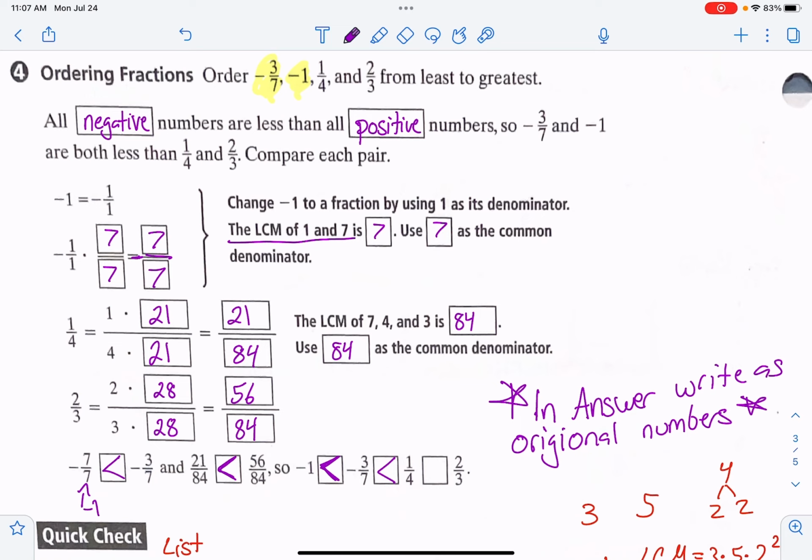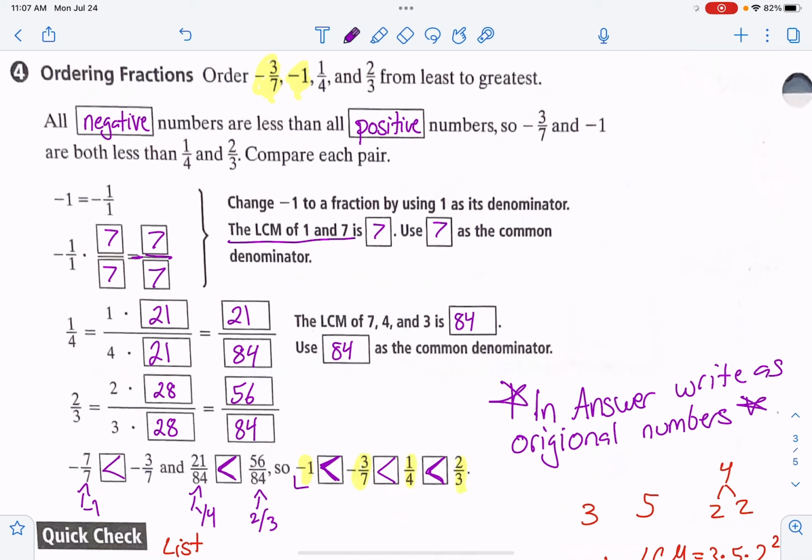And then 1/4 we said was 21/84, and 2/3 was 56/84. So when we compare 1/4 and 2/3, the 1/4 is going to be smaller. So in our original answer, we wrote them as -1, -3/7, 1/4, and 2/3.